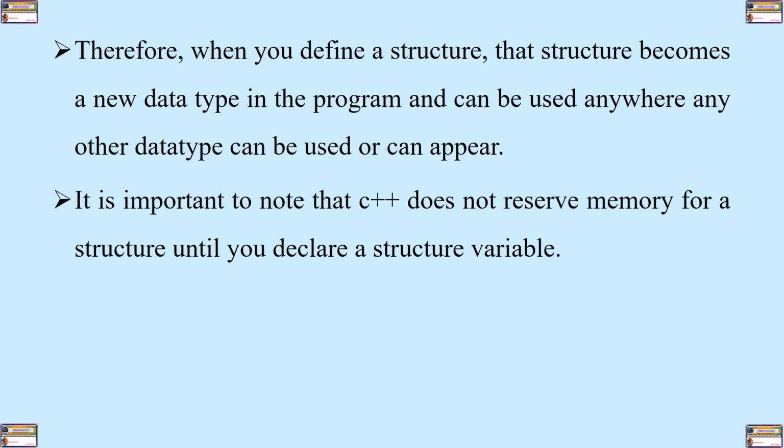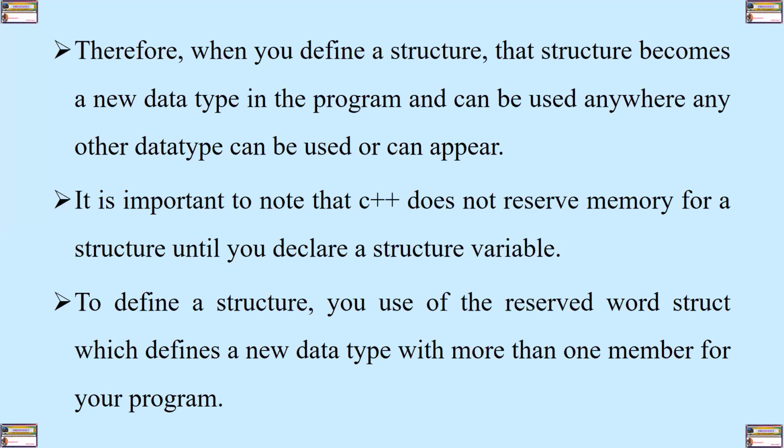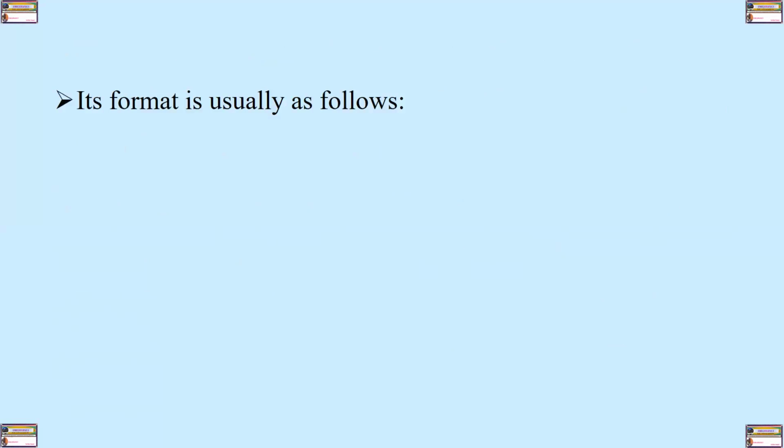It is important to note that C++ does not reserve memory for a structure until you declare a structure variable. To define a structure, you make use of the reserved word struct, which defines a new data type with more than one member for your program. Its format is usually as follows.